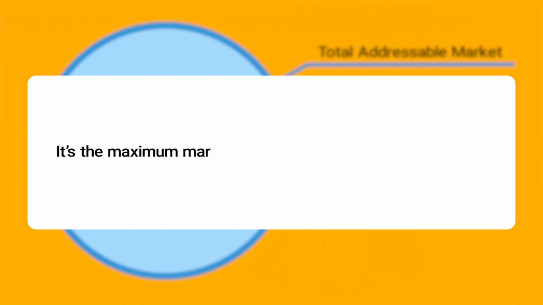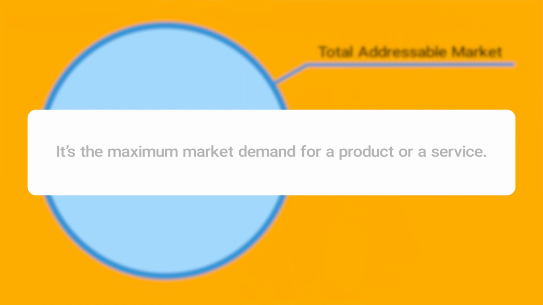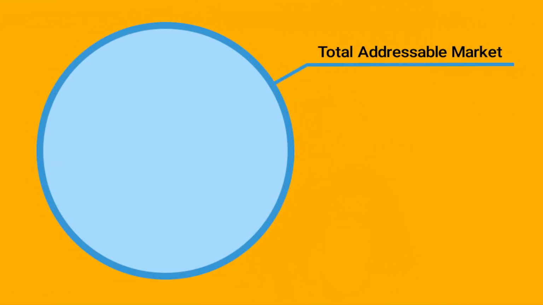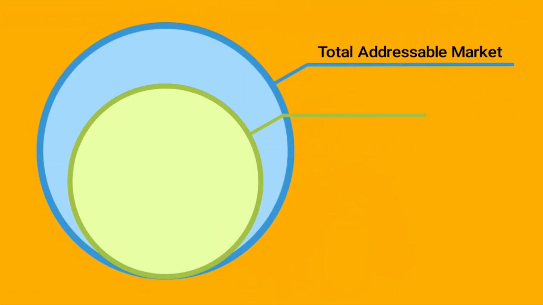So you start with estimating your total addressable market. I'm just gonna call it TAM, like everyone else. So it's the maximum market demand for a product or service. It assumes that everyone who can use your product buys it and there is no competition. Smaller than total addressable market, you have served addressable market or SAM.